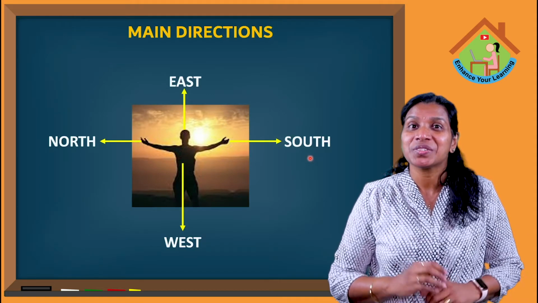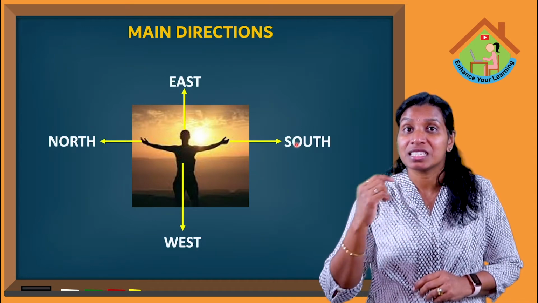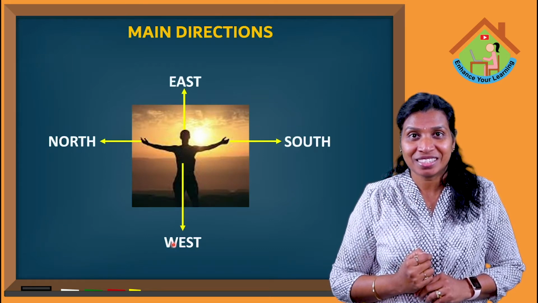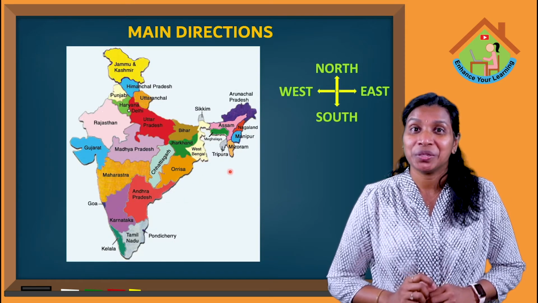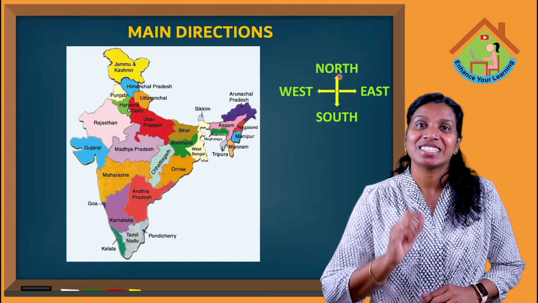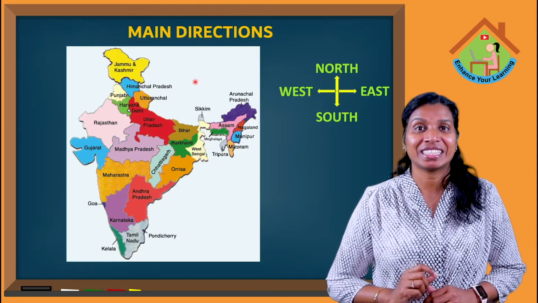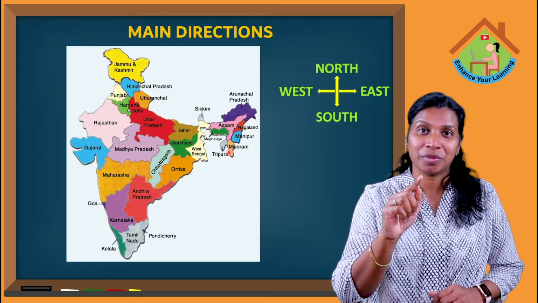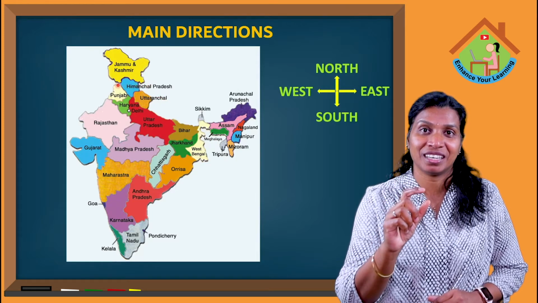Okay kids, so these are all the main directions: north, south, east, west. Now look at the India map. Always we use these main directions to tell the direction on a map. Now kids, look at the map and tell me which state is situated in the north part of India.